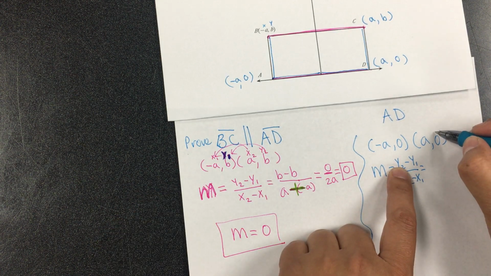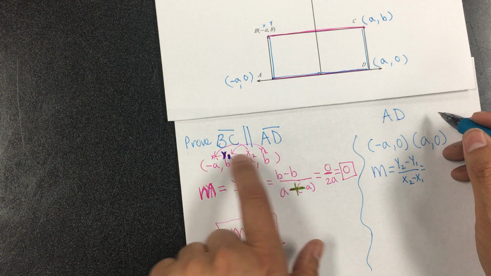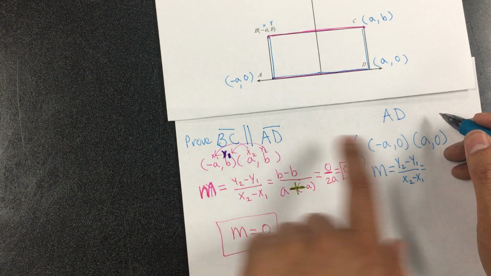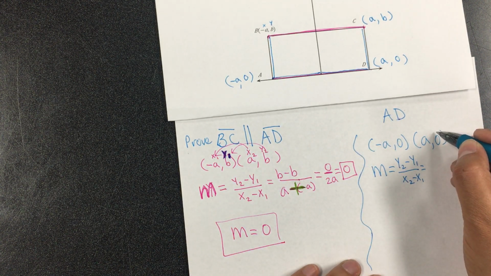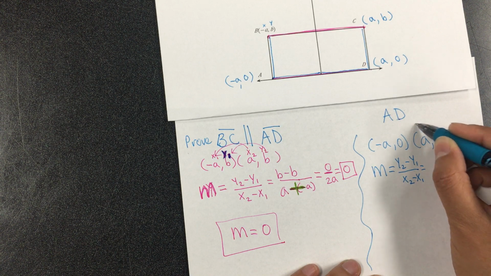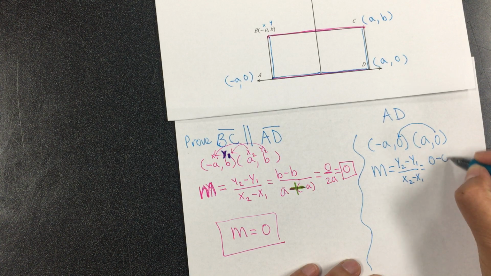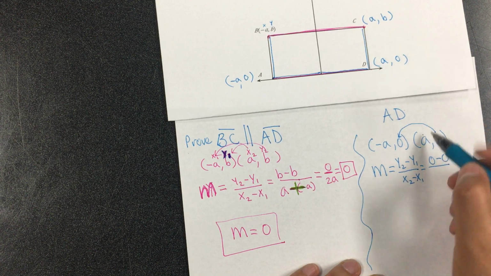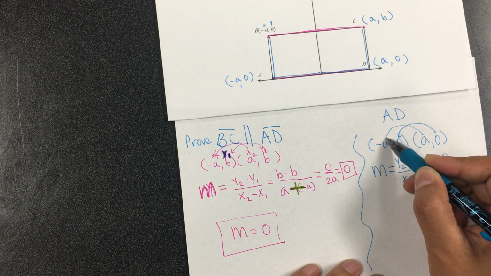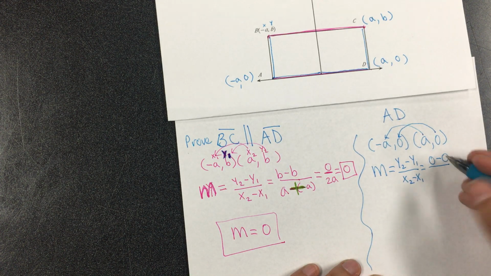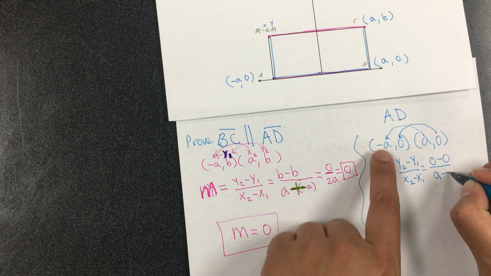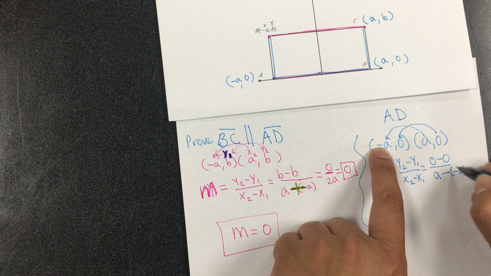And y2, notice how if you don't want to put the labels, you can, but if you don't want to, you can just look at it visually. The last one minus this one, so 0 minus 0. And the next one, which is a, minus negative a.